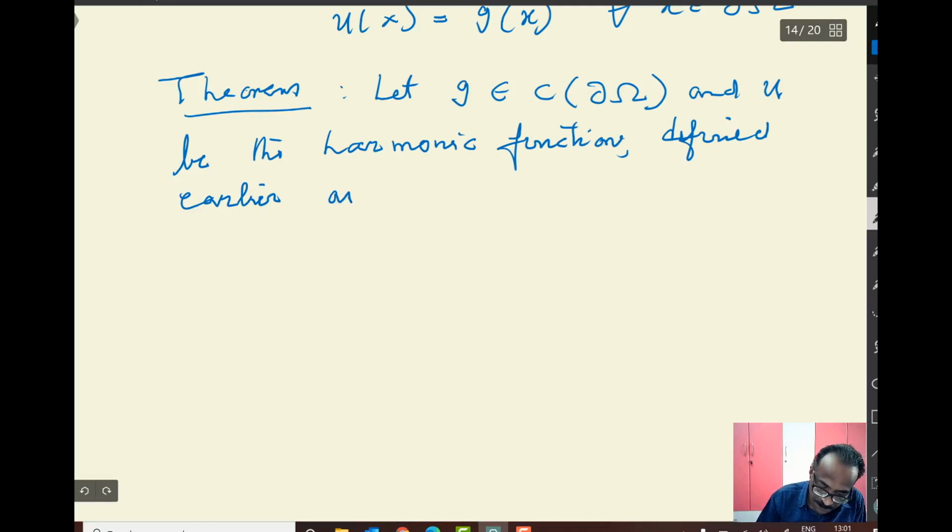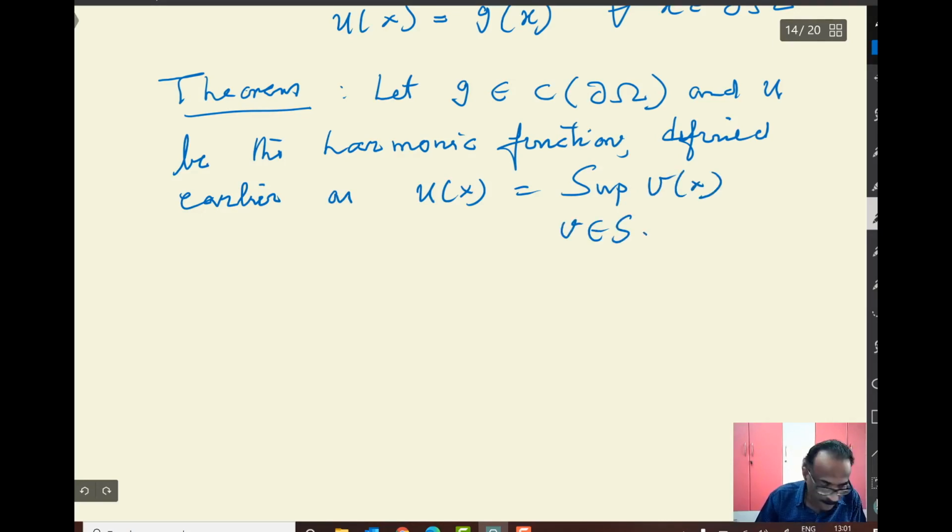How did we define it? u(x) equal to the supremum of v(x), where v is in S_g. Assume psi belonging to the boundary of omega is a regular point.